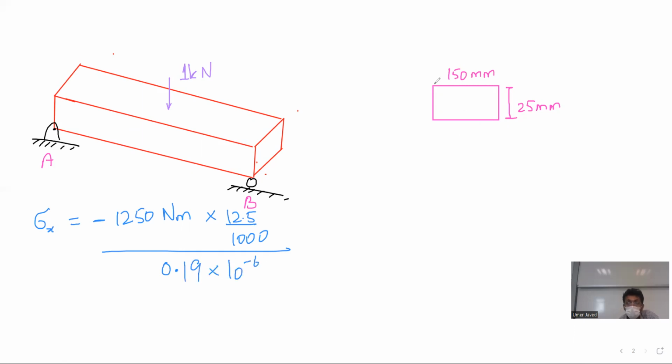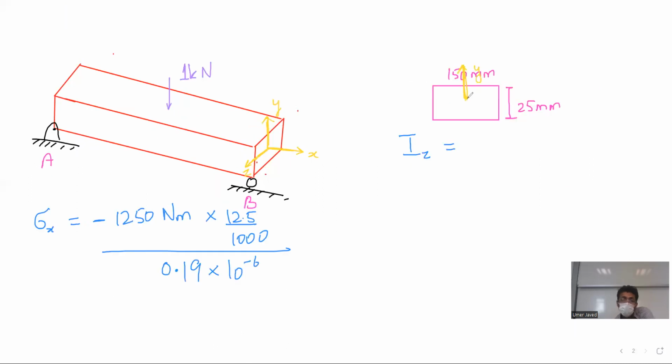I will just write the formula Iz equal to. So this is our y-axis, correct? This is our z-axis. This is our x-axis. Okay, I got confused.